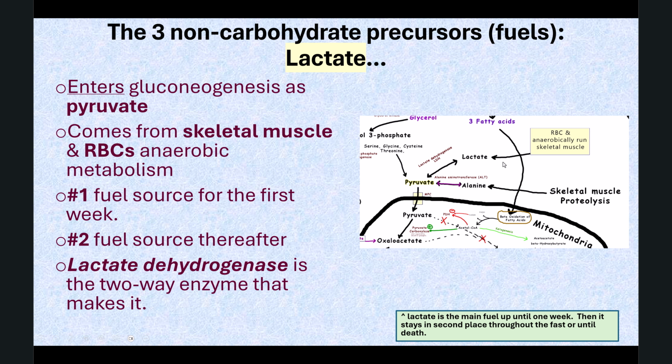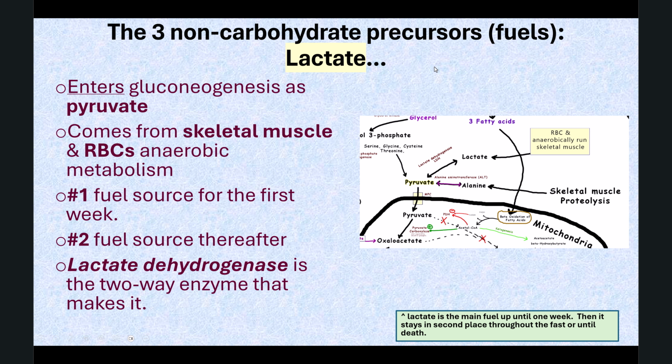So lactate comes from red blood cells and skeletal muscles. Even if you're sitting in your chair, maybe 5% of skeletal muscles, the ones very deep inside, are actually running anaerobic glycolysis as well. And so they release lactate. Lactate is always released if you can't go into the Krebs cycle. So that's where it comes from. There's an enzyme, lactate dehydrogenase, which converts it into pyruvate, and there's our start right there.